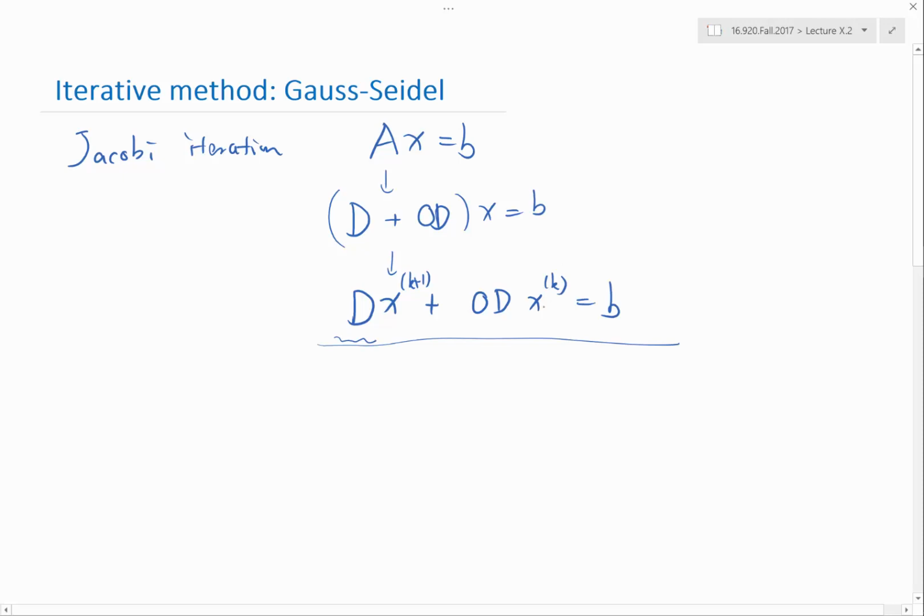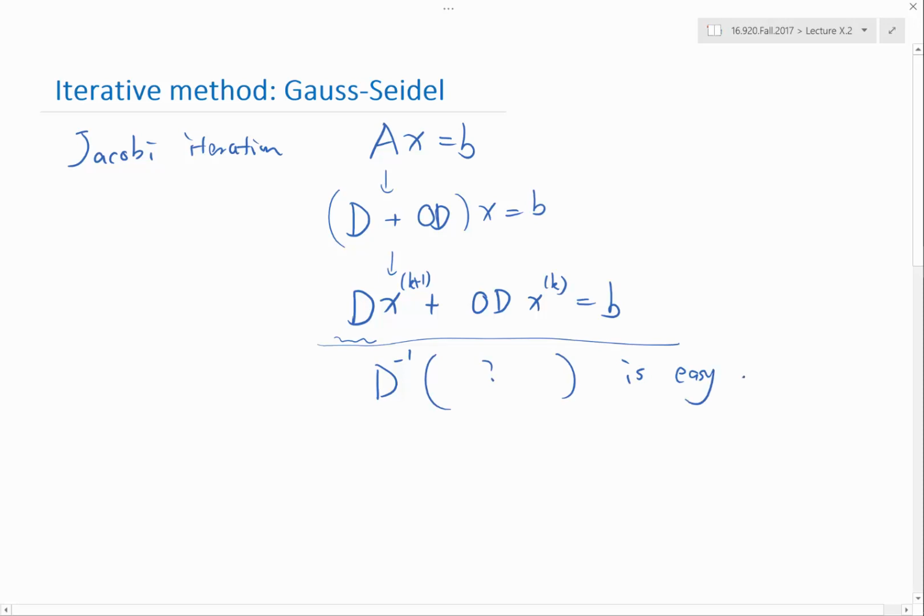So if we know x of k, it is very easy to compute x of k plus 1. D is a diagonal matrix. Computing the inverse of D simply involves inverting each of these numbers that appears on the diagonal. So the key is that solving D inverse times something is very easy.